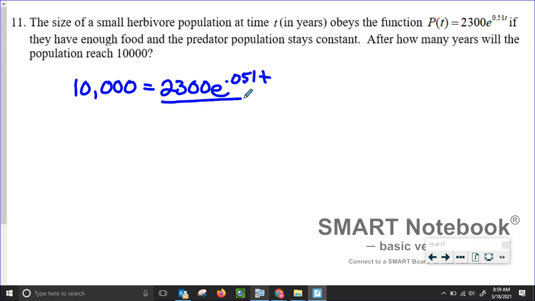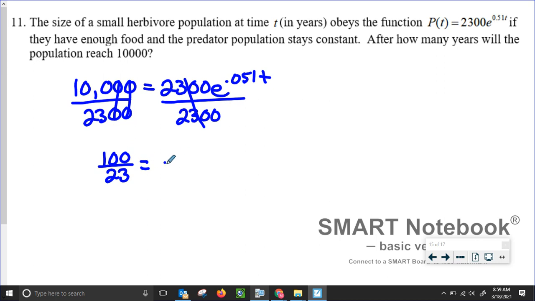Now we would divide both sides by 2,300. You could simplify this if you want. So here you're going to have 100 over 23 is equal to e to the 0.051 t power.